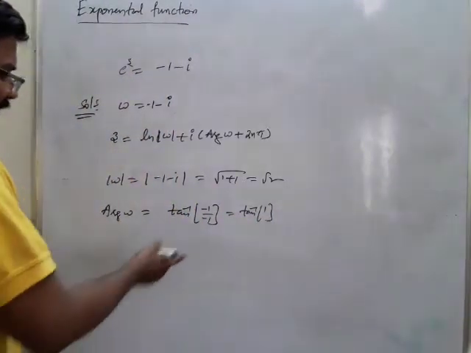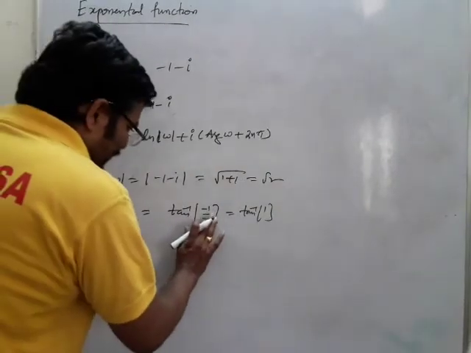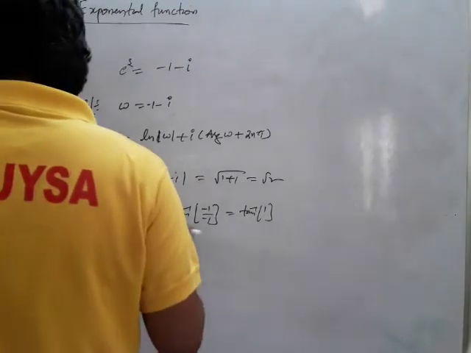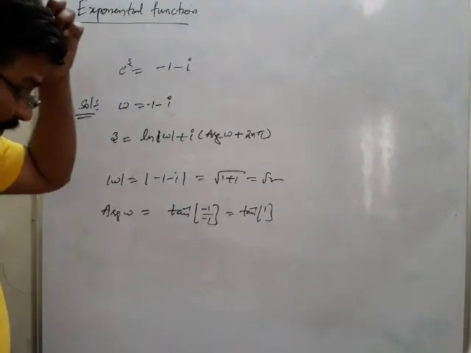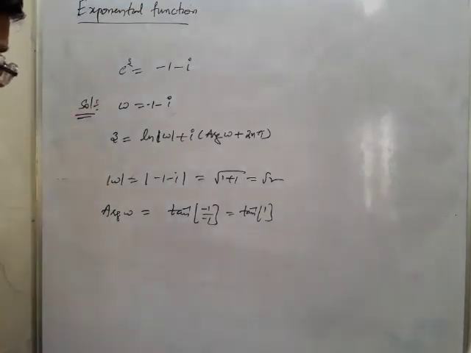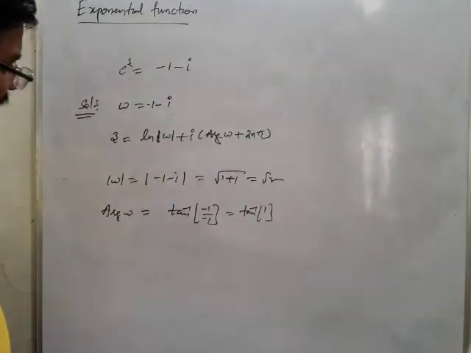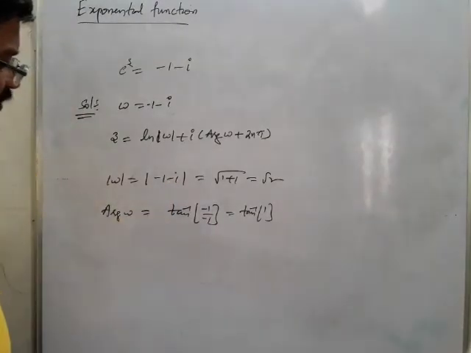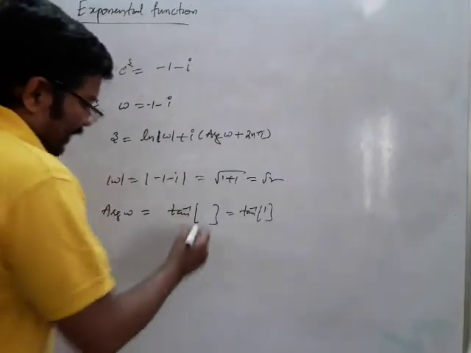Okay, so we should get that in the form of like this. Now this is tan inverse of -1 by -1. It may not be equal to pi by 4, it may be equal to minus 3 pi by 4. In the place of x it is -1, and in the place of y that is also -1.